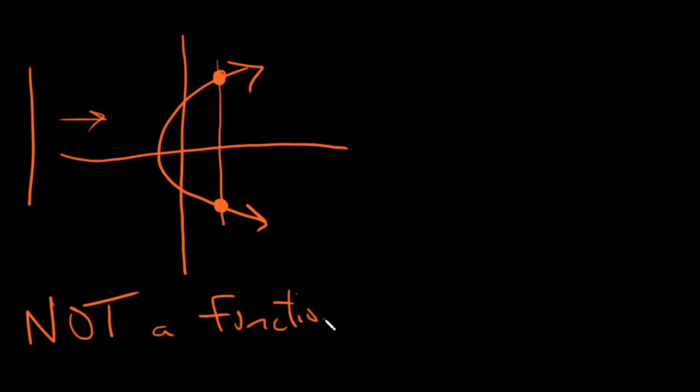So for this x value right here, whatever this x value is, I get 2 y values, 2 outputs. So this is not a function. And we typically say that it fails the vertical line test. Vertical line test, VLT. Alrighty?